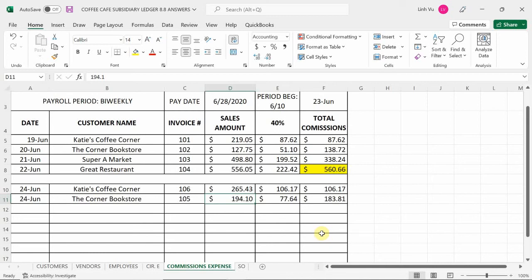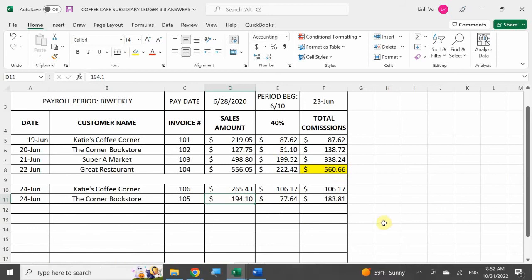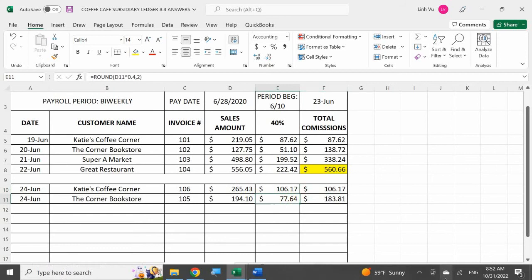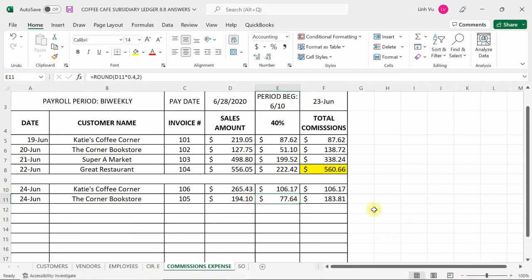So how does that make the total commission something else? The total commissions is combining what we previously had, which is the 106.17 plus the 77.64. So this right here is my running balance of what I owe Albert.